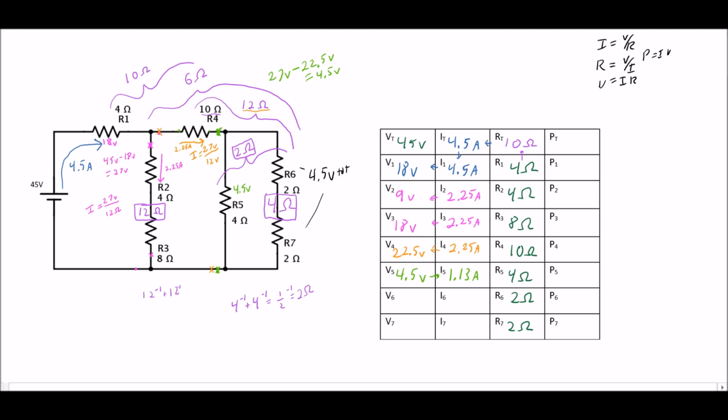We know the total resistance is 4 ohms, and so to find our current, we just take that 4.5 volts divided by our total of 4 ohms, and we now know that the current going through these two resistors is 1.13 amps. So I'm going to write that in right here.